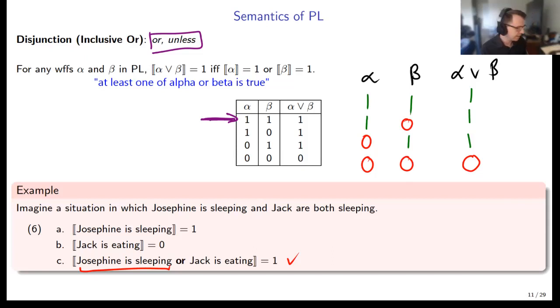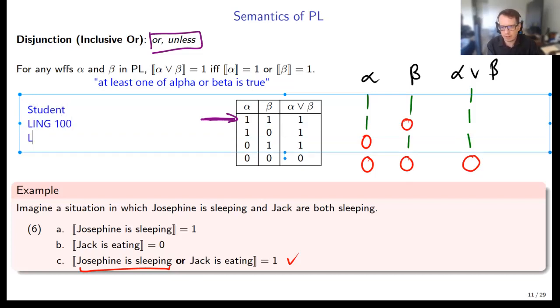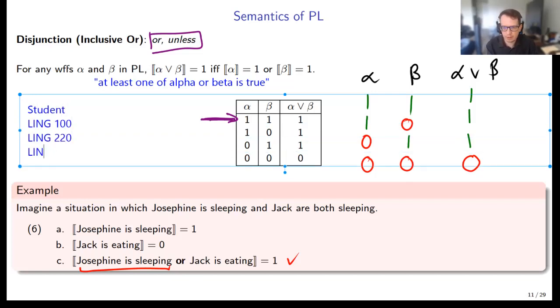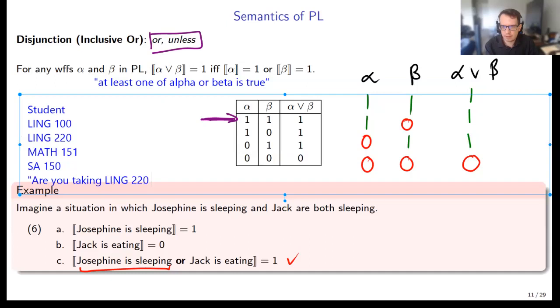So this is like asking someone, so imagine you have a student who's taking LING 100, LING 220, Math 151, and I don't know, like Essay 150. And you ask them, are you taking LING 220 or Math 151?